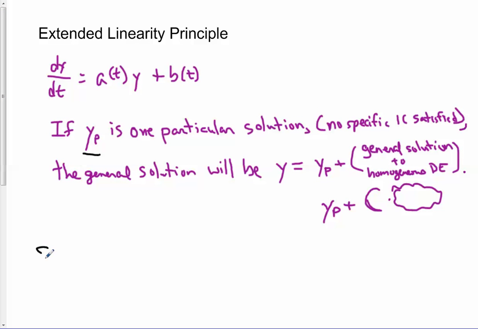So we want to show that if you take a particular solution, yp, and you add your general solution to the homogeneous, which I'll call yh, that will always work in the non-homogeneous differential equation.